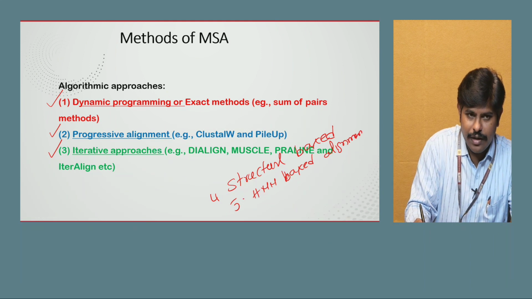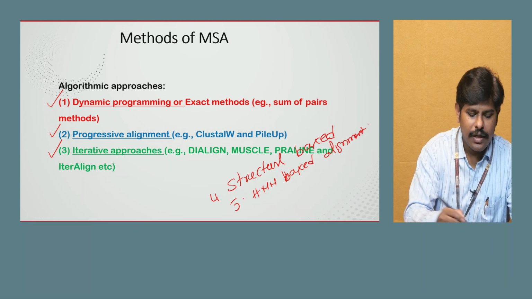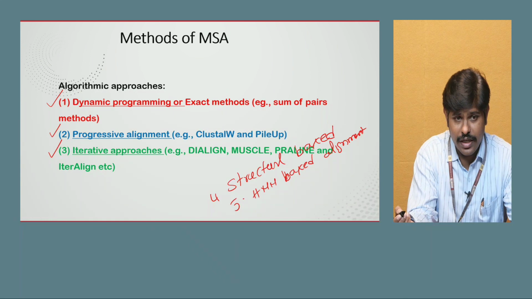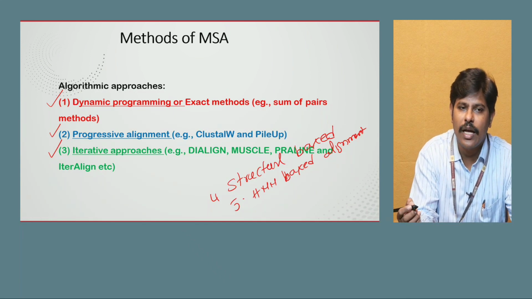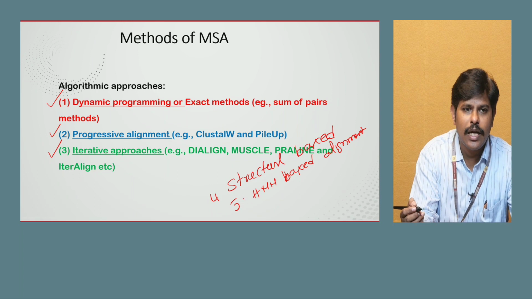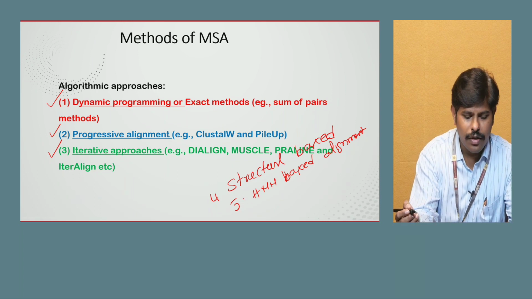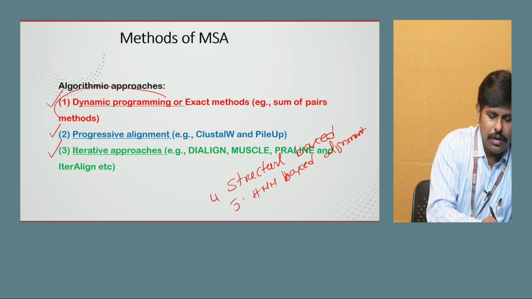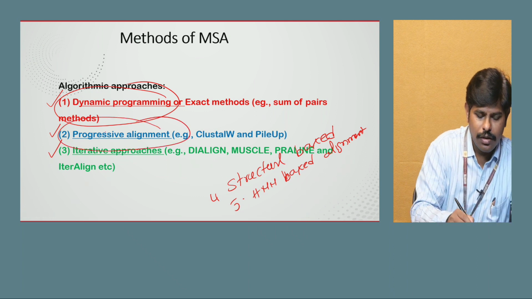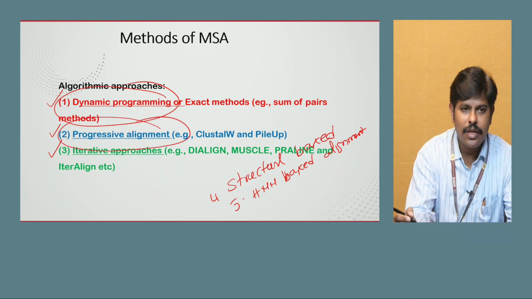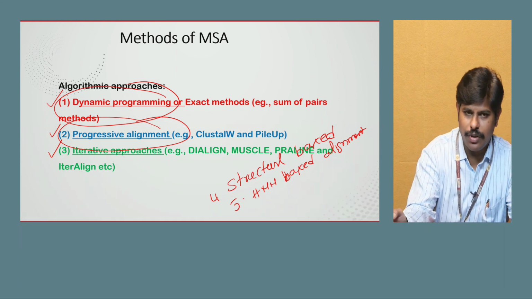So, 5 different types of approaches. At our undergraduate level, we'll focus on dynamic programming and progressive alignment only, but we'll learn that other methods are also available.